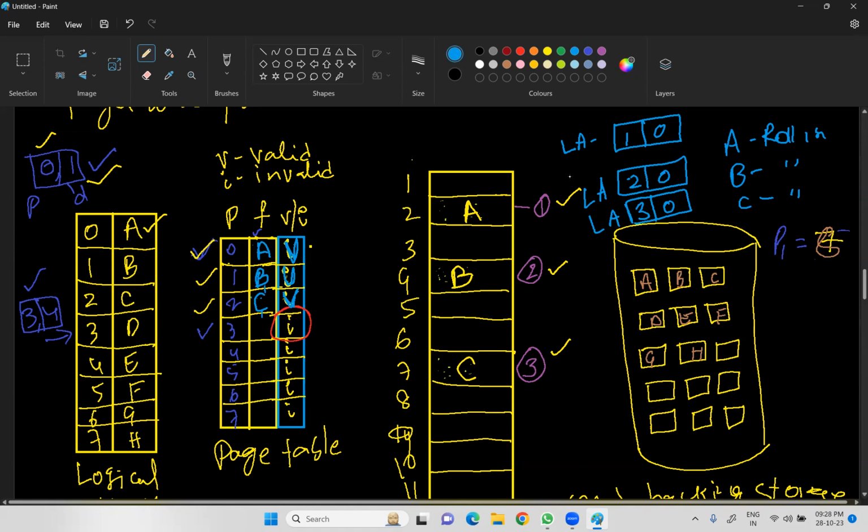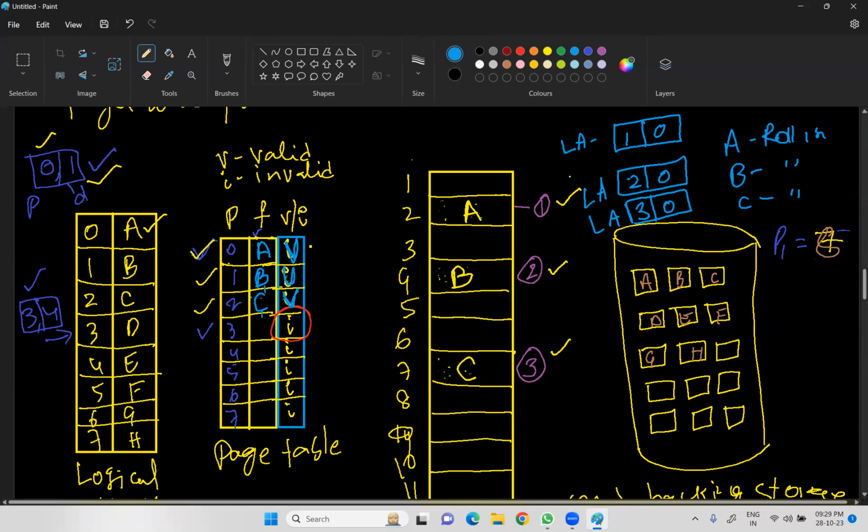So now it is going to replace one of these three pages, because no other frame is allocated to you. Only three frames are allocated to you, so it is going to replace one of these frames here. So now a swap out will happen, and a new page will be swapped in.